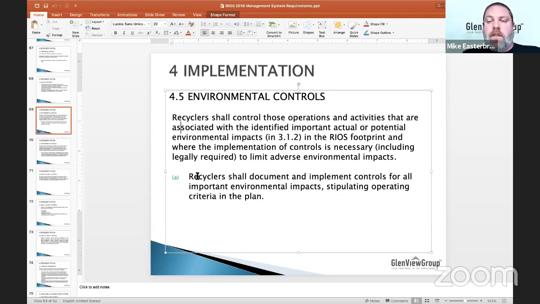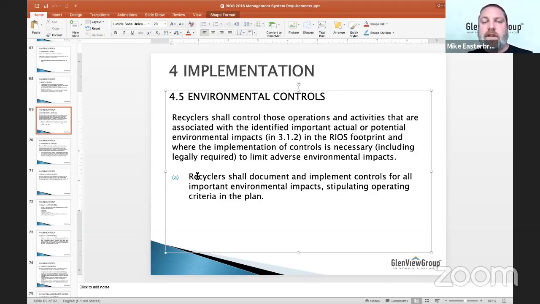Even installing something like a berm or a stormwater treatment system are examples of controls. So it depends on the important environmental impact to determine what the appropriate controls are. When you identify an important environmental impact, you need to implement the necessary controls.